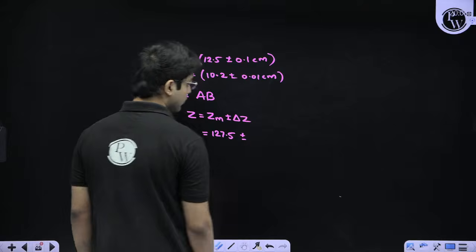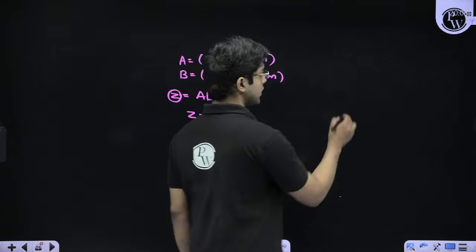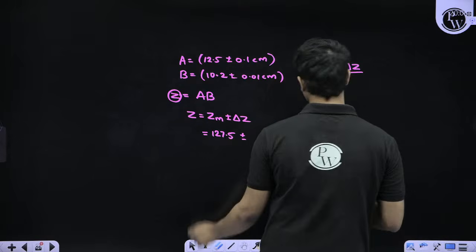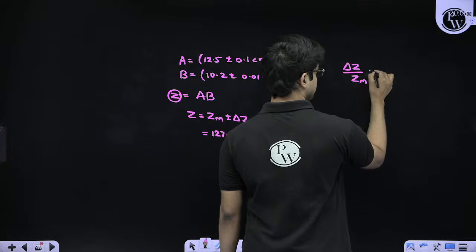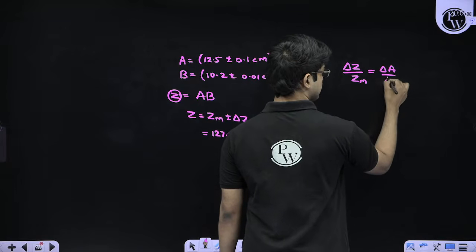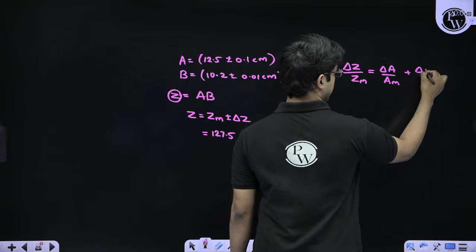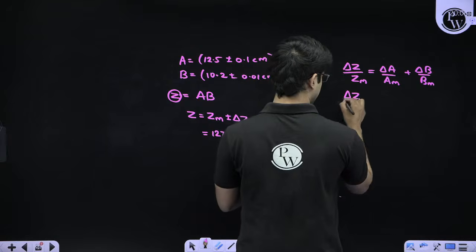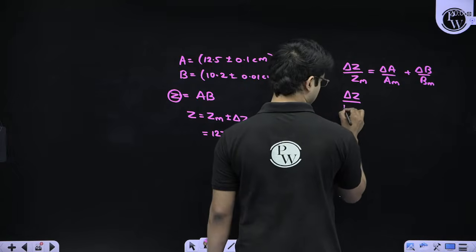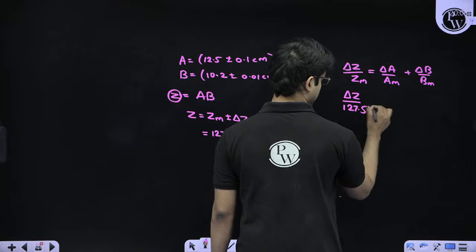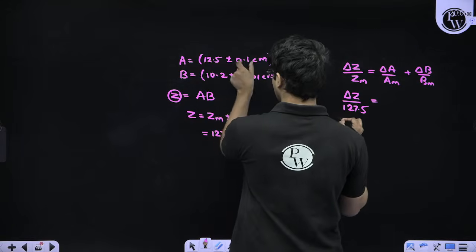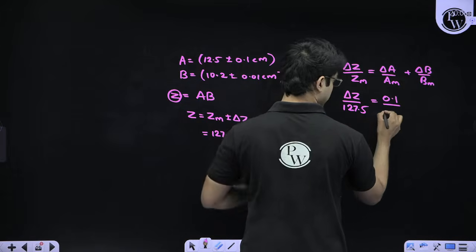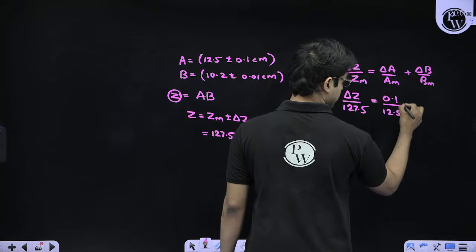Now for the error, you will have to use the fractional error rule, right? Delta Z by the main Z value, which I'm going to write here, equals delta A by A plus delta B by B. So now delta Z divided by 127.5, this is the main value of Z. What is the error in A? 0.1 divided by the main value, 12.5, measured value.